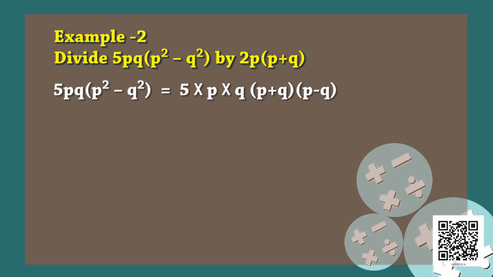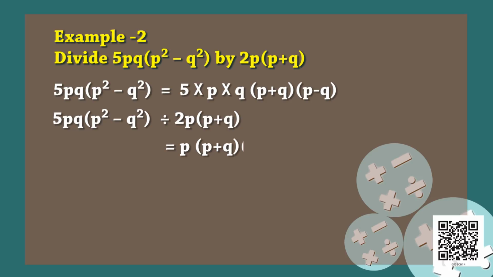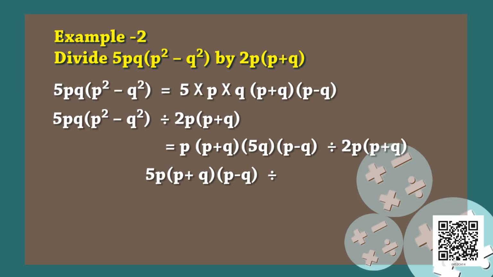Hence, we have 5pq into p square minus q square divided by 2p into p plus q is equal to 5 into p into q into p plus q into p minus q divided by 2p into p plus q. Hence, by cancelling the common terms p into p plus q, we have 5 by 2 q into p minus q.